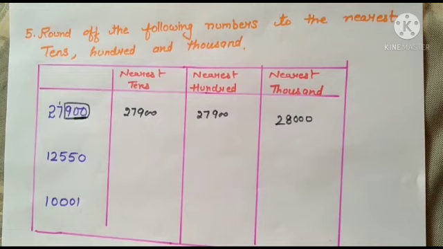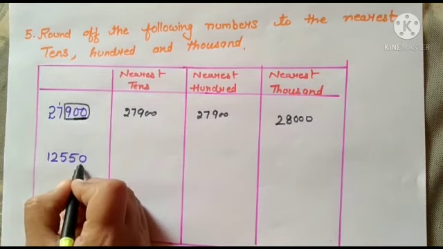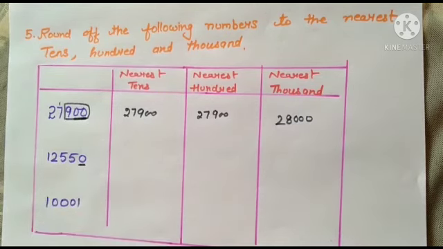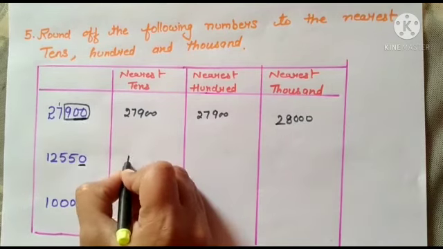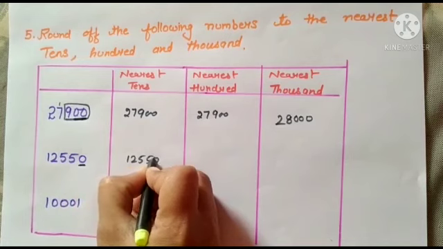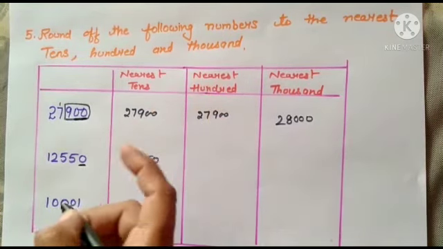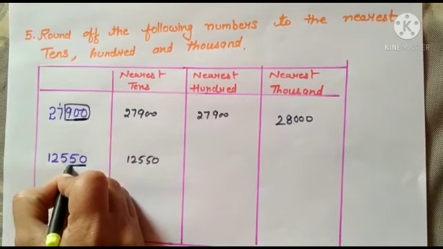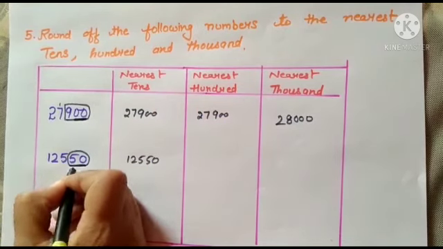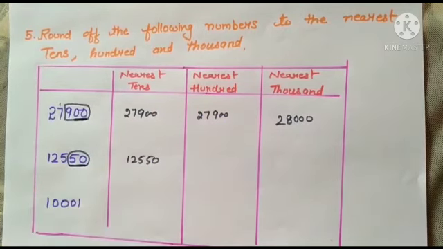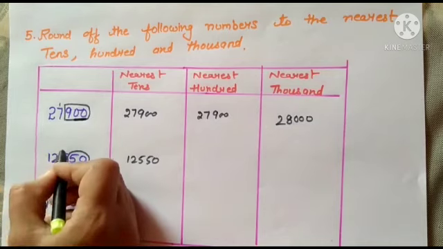Next is, see here, the last digit is 0. So it is less than 5. So our answer will be 12,550. For hundreds we have to see the last two digits. It is greater than 50. So we will add 1 here. 5 plus 1, 6.